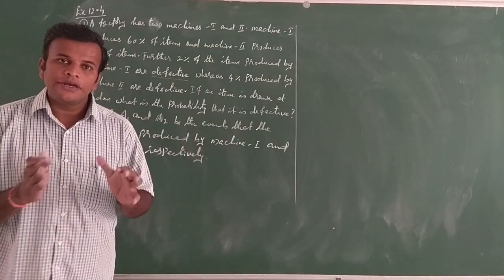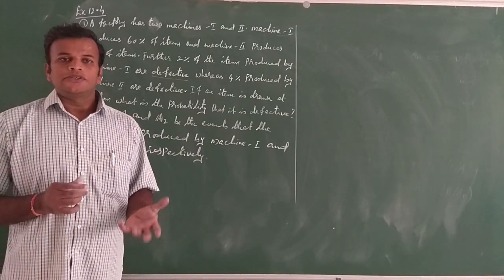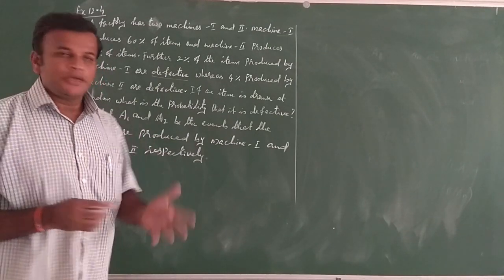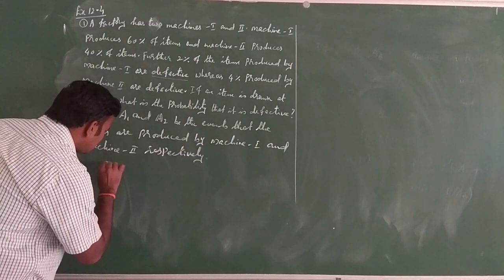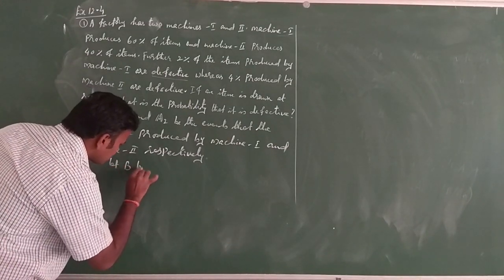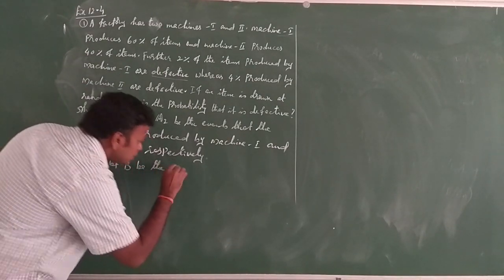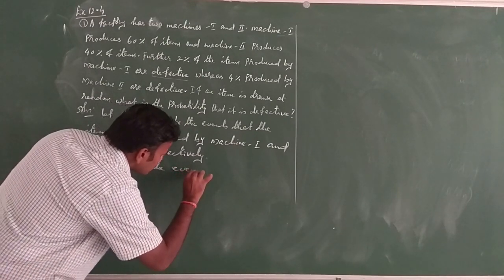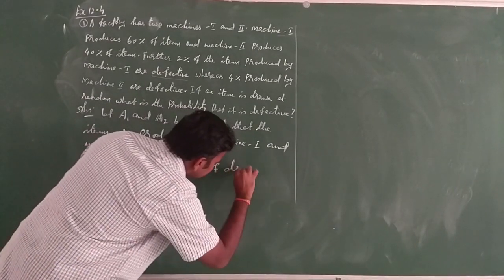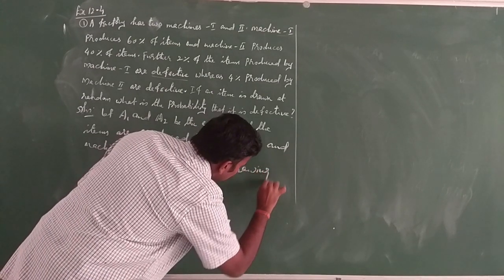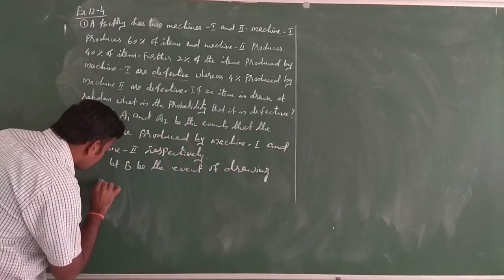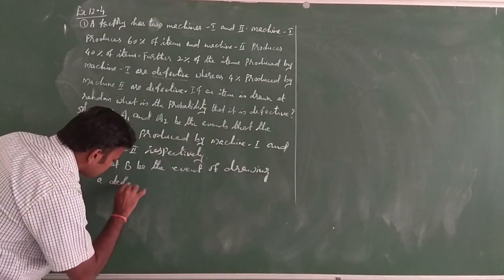And also some of the items are defective. So we take the name of the defective item event as B. Let B be the event of drawing a defective item.